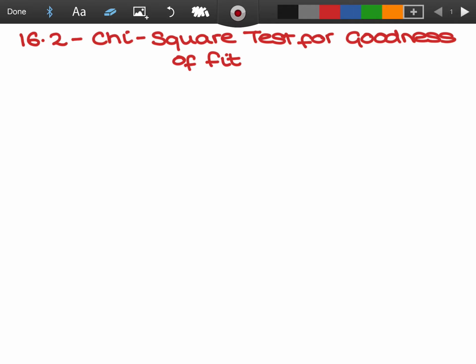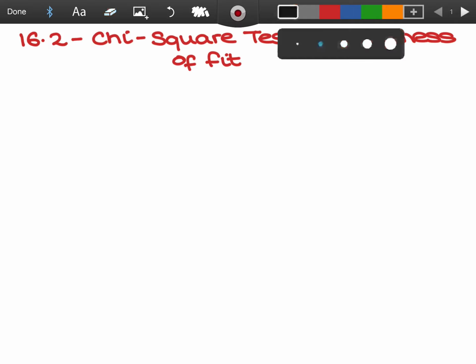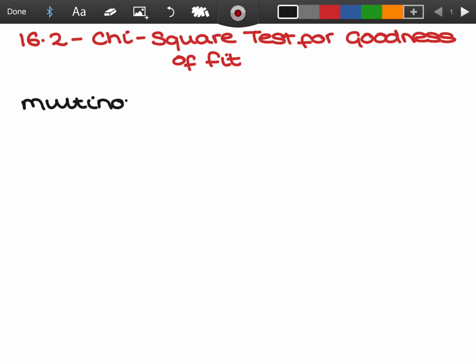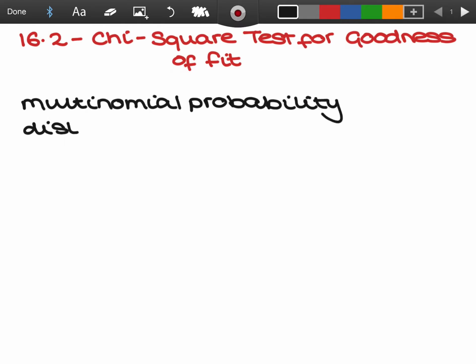Okay. So, first thing I want to talk about is something called the multinomial probability distribution, because this is basically what all of this is based off of. The multinomial probability distribution is just an extension of our binomial distribution that we've looked at before. If you remember, with binomial distribution, you always had two outcomes, success and failure.